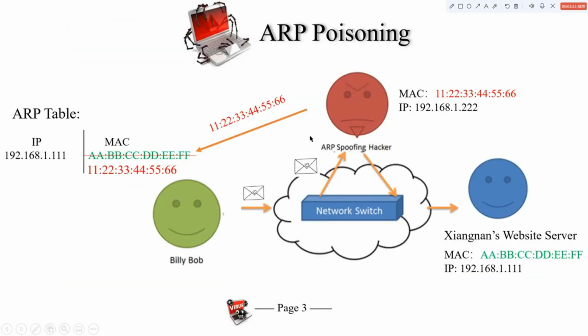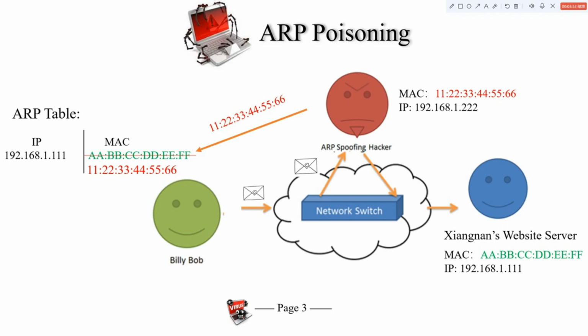Now let us talk about my second attack, based on the ARP protocol. As you can see, here are three faces. The green one is the user, the red one is the attacker, and the blue one is the website server.